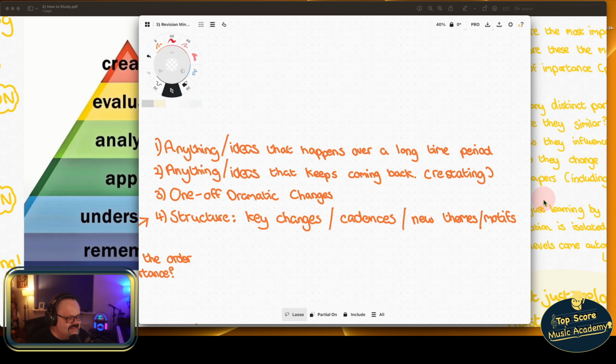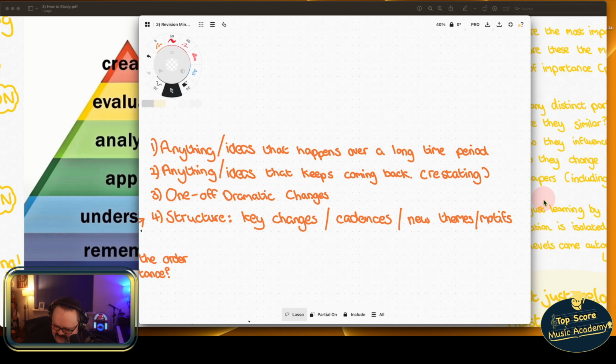Number 2, any ideas that keep coming back, you're restating the same thing over and over again. Or number 3, one-off dramatic changes. Or number 4, the structure. So important key changes, important cadences, important introduction of new themes or motifs. Okay, so those are like the top 4 when it comes to evaluating.